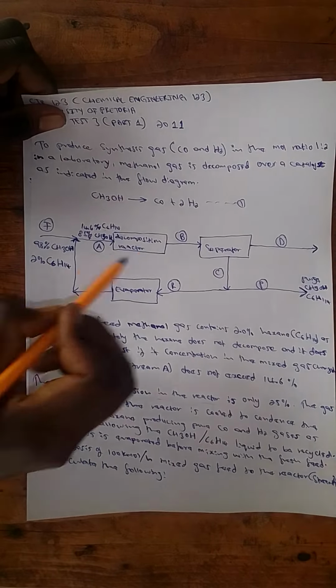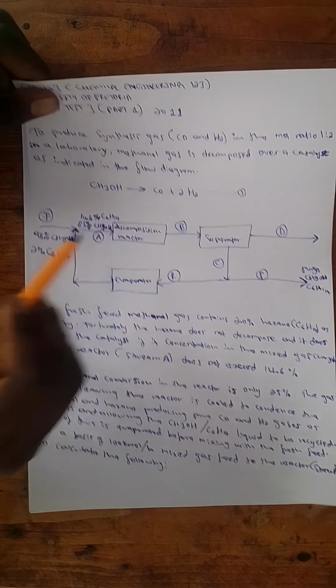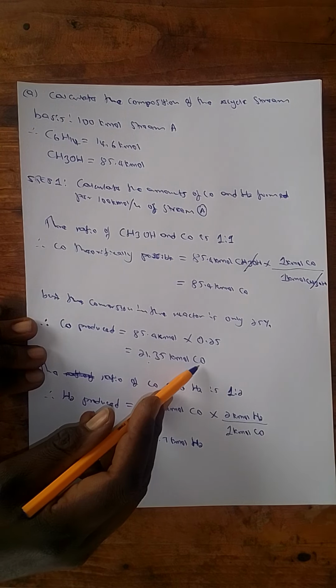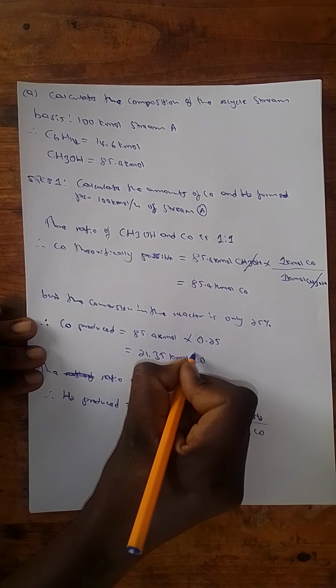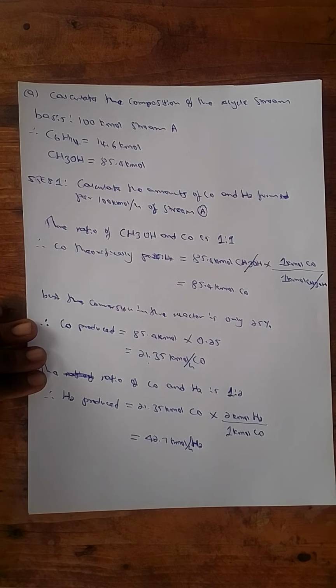Now, going back to the equation, we know that out of this process, the decomposition reactor, there's actually 21.35 kilomole CO produced, right? Let me just write per hour, it's necessary, especially because our basis is actually 100 kilomole per hour.